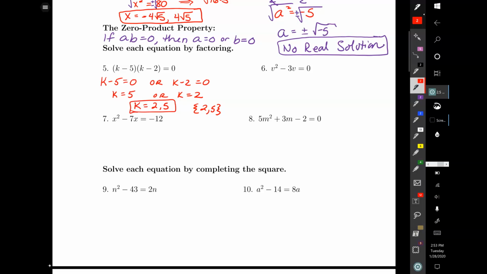Now, for these to work, you have to have your equation set equal to 0. Unlike the square root method, where you would have your square, that variable to the second power, equal to a number, this one is very specific that you would have the equation set equal to 0, then factor it, then set each factor equal to 0, and solve each factor.